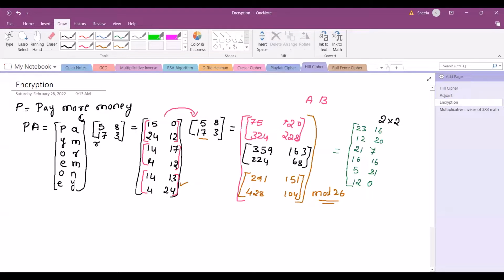Okay, this is how we are going to get the corresponding ciphertext matrix.